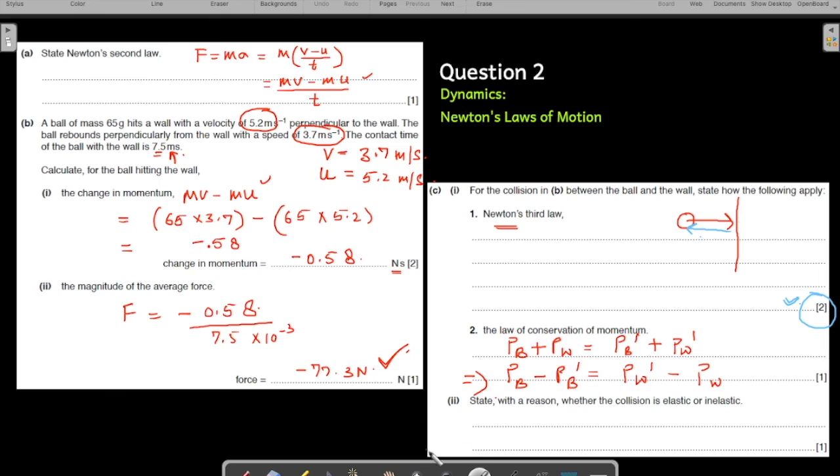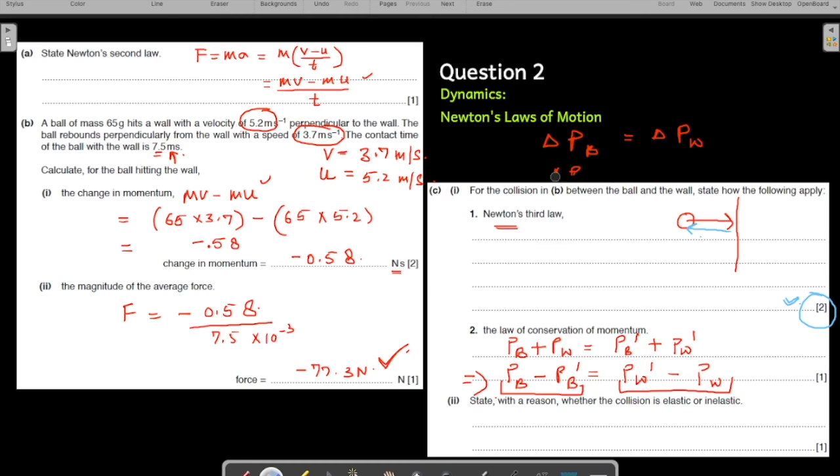Okay, so let us understand one more thing. Let us call this thing the change in the momentum of the ball, and let us call this thing the change in the momentum of the wall. Now let us take both the things on the same side.